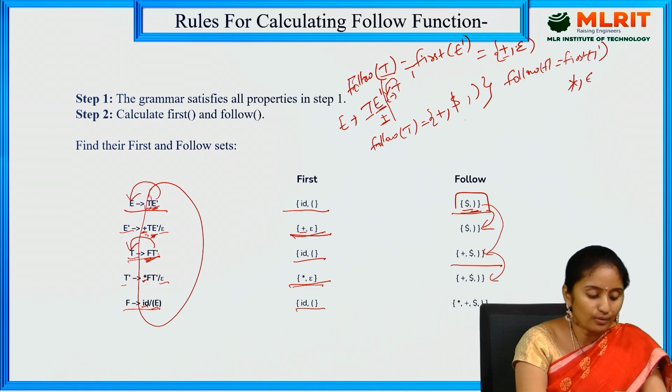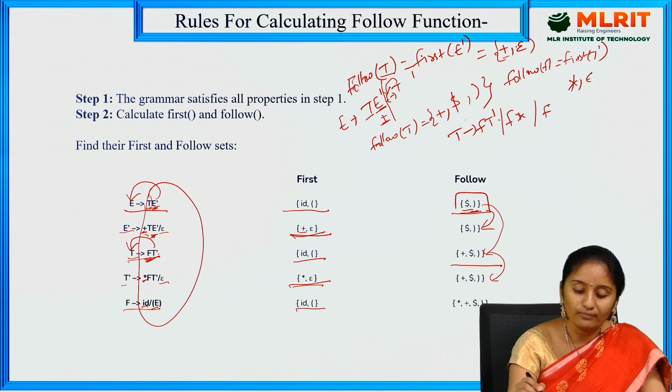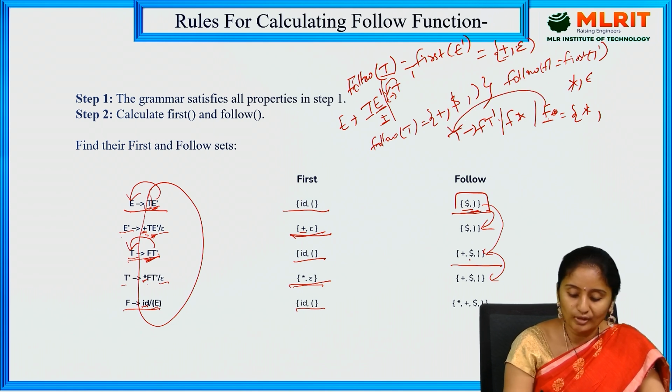So T tends to F T dash, so I can write this as F star or F. Follow of F is nothing but star, and the other one is F only. Here epsilon is nothing but nothing is there. So follow of F is nothing but follow of T. What do I have as follow of T? Plus, dollar, closed bracket.